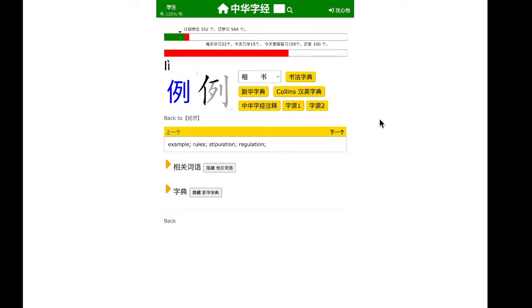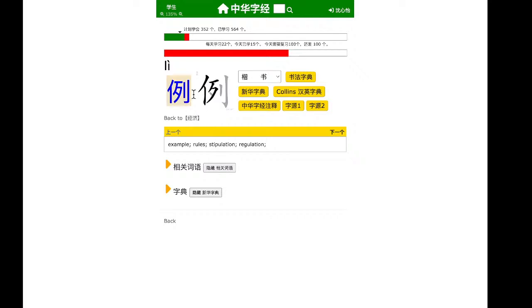例 means example or rules or stipulation, regulation. Example, this could be like when you're posing arguments and you want to give examples, or you list examples of anything really.